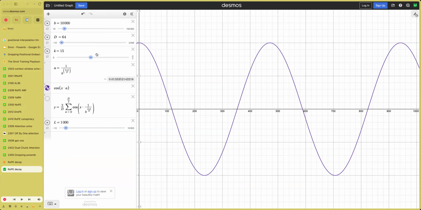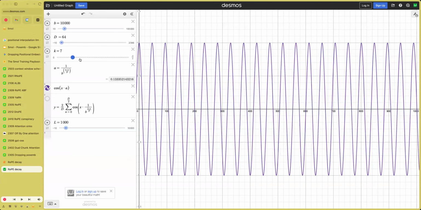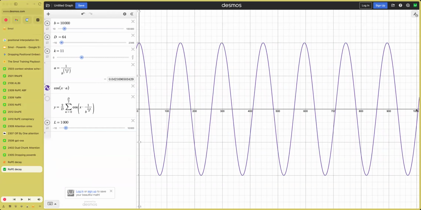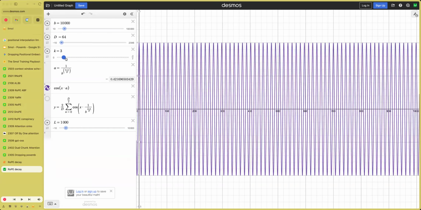And k is what dimension we are looking at. Let's suppose we are training on at most 1000 tokens. And for dimensions like 1, 2, 3, we actually see all the values of this angle during training.